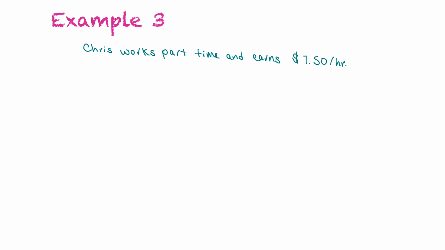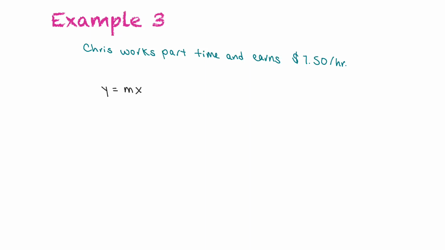So in our next example, we're being told that Chris works part-time and he earns $7.50 an hour. So we're first being asked to describe the relationship between his pay and the hours he works. So we can say that his pay varies directly with the hours. For every hour, he earns $7.50. So if we were to write that into an equation, remember, we have to put it into the y equals mx format.